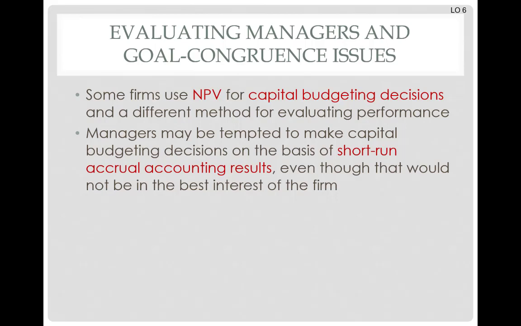But if I'm going to make that investment, let's say, in December, well, now that's going to increase my investment. So my denominator goes up in ROI, but I don't get the return, right? So there I might be tempted to not make that investment in the photocopier, even though maybe the photocopier is cheaper now than it would be next year. A manager might still not make that investment because of the fact that it's going to bring down their ROI and consequently their bonus. We'll talk a lot more about this in the performance measurement chapter.